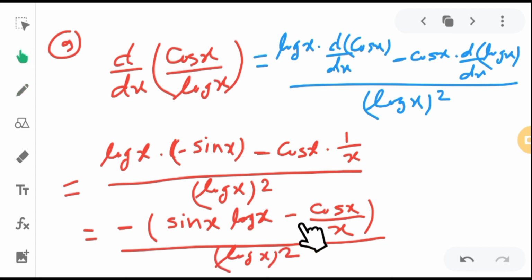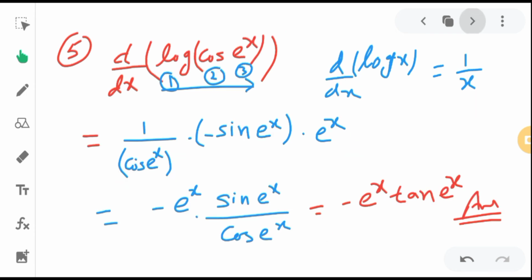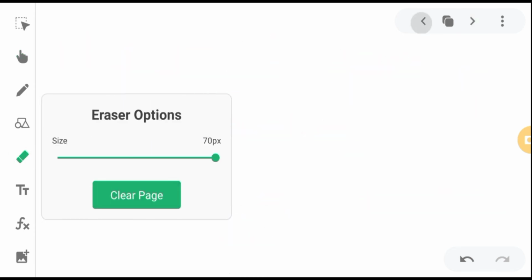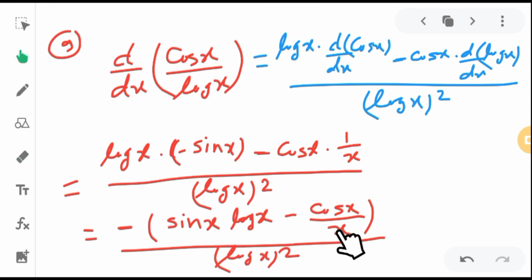Now in the numerator I can take cos x upon x, so x I can take as LCM, so I can do a little bit more simplification. This was minus common, so this will become plus, because I took minus common outside the bracket.